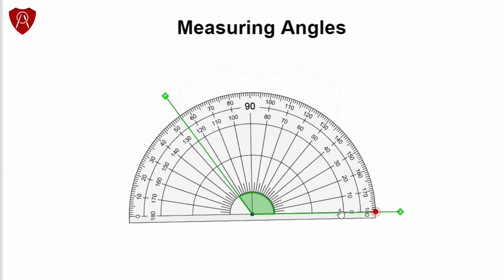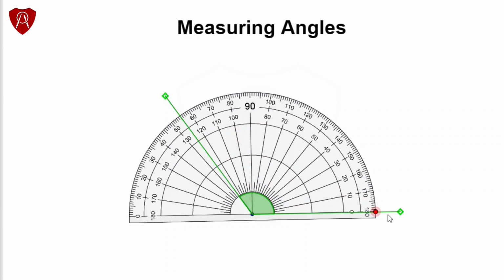It could be this 0 or the other 0, but in this case, it is more convenient for us to place this leg on this 0, because we need the other leg to traverse the body of the protractor.